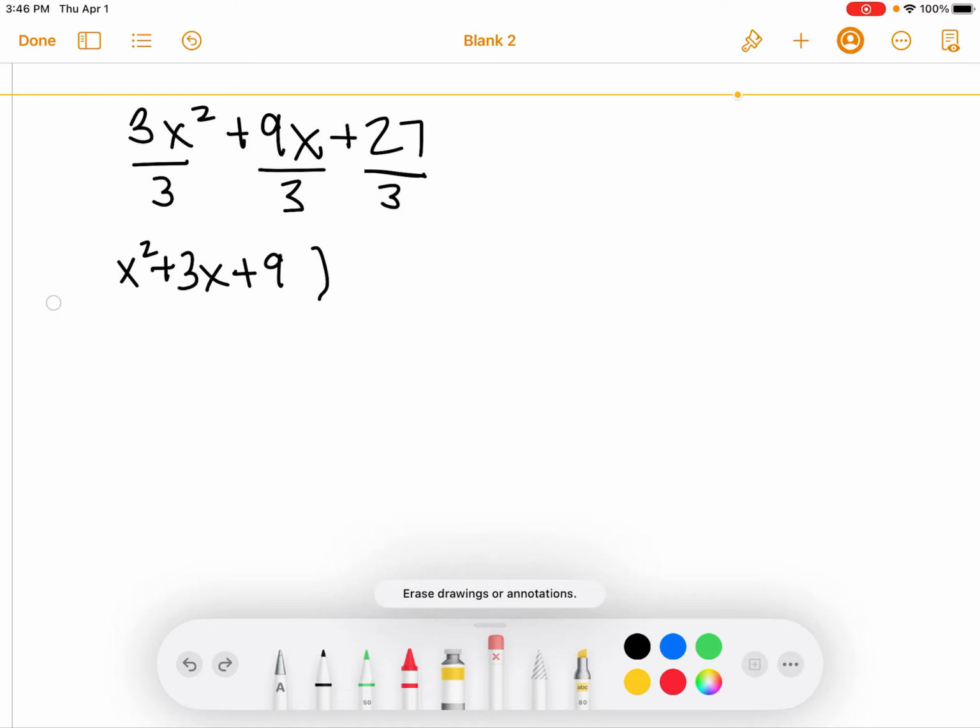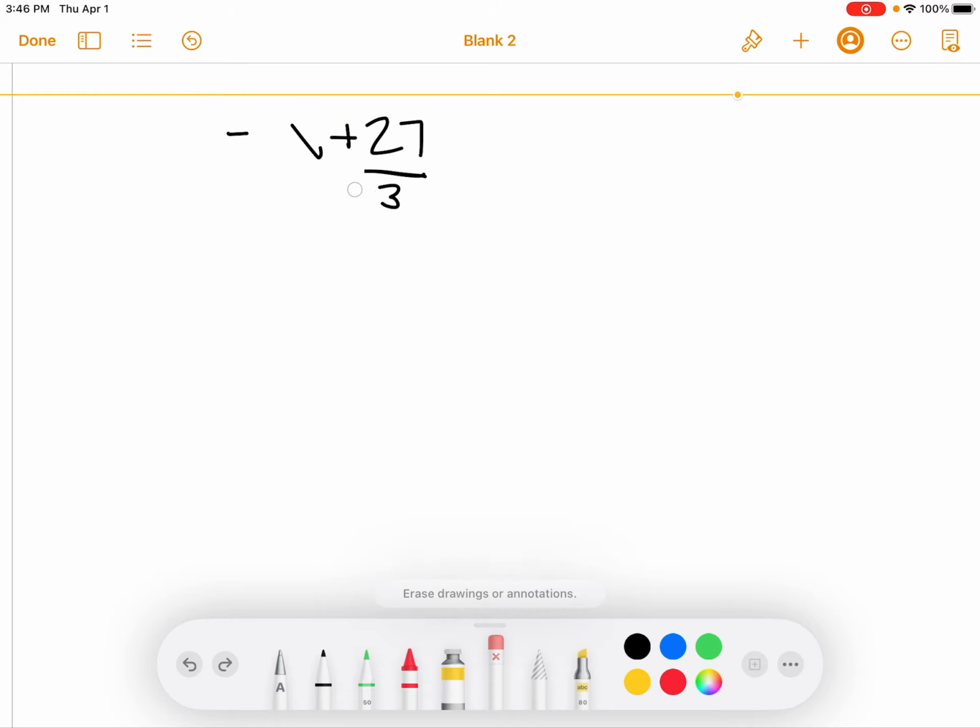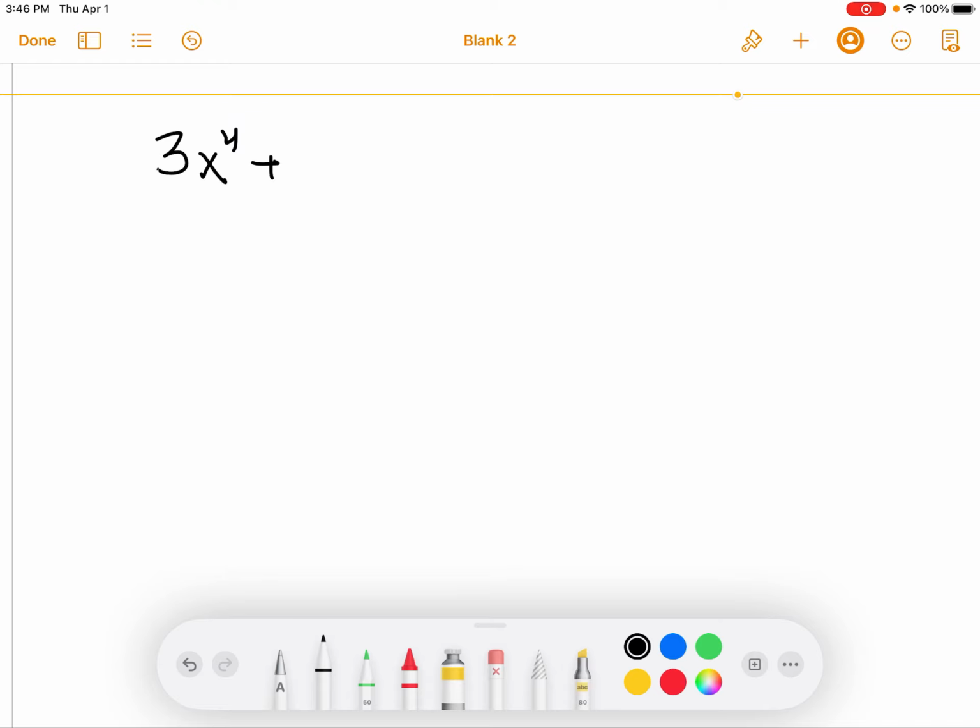So that's how you can use the greatest common factor, but you sometimes have to do something called grouping. That should have been reviewed from quadratics, but there's a different one that you can use. So let's say we had x cubed plus 6x squared minus 5x minus 30.